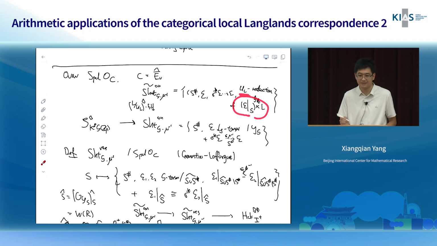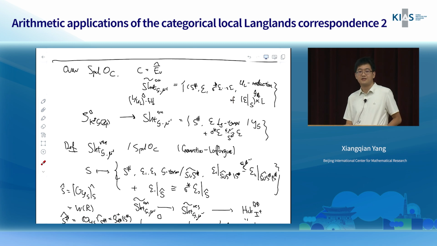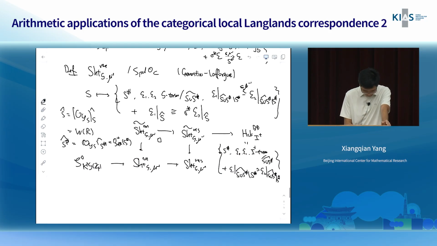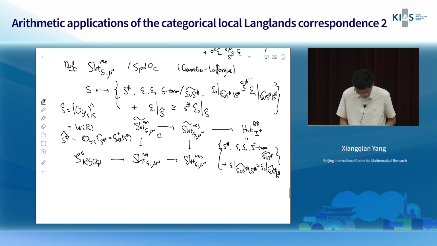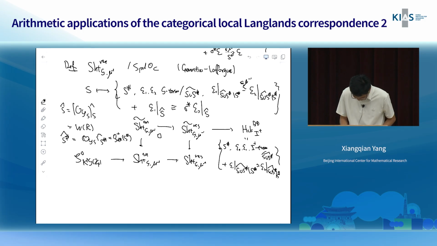Yes, you can do the same thing for the restricted Lucas. Actually, restricted Lucas refers to the truncated version of this stack. But I'm just, okay. Right. Actually, you should put some truncations to make this really a finite type Artin stack.